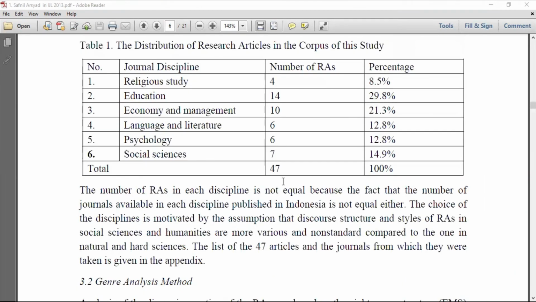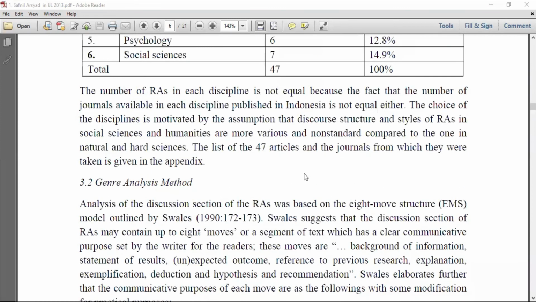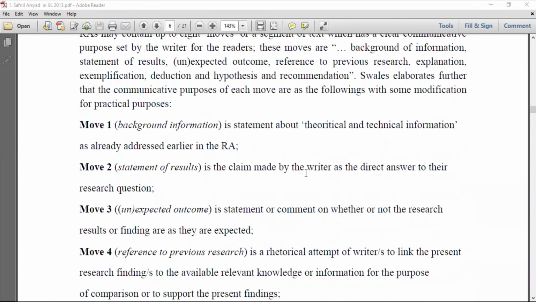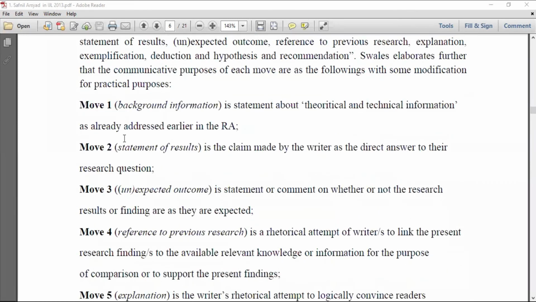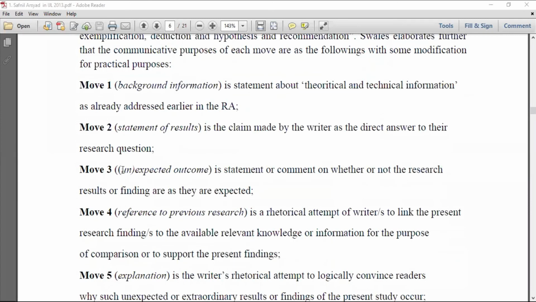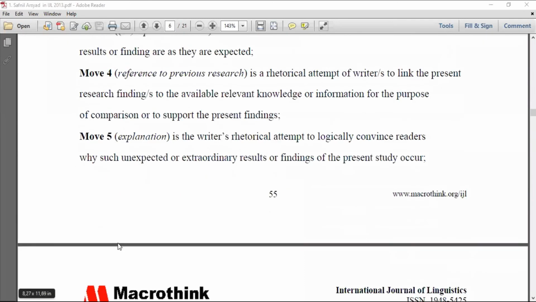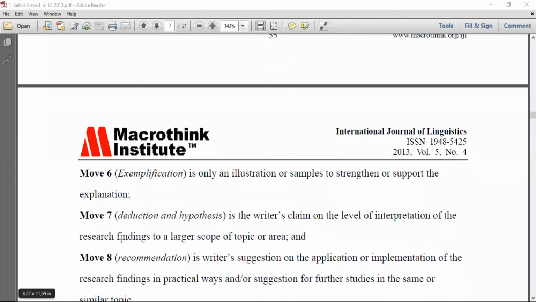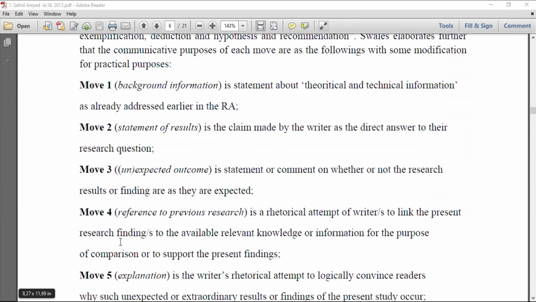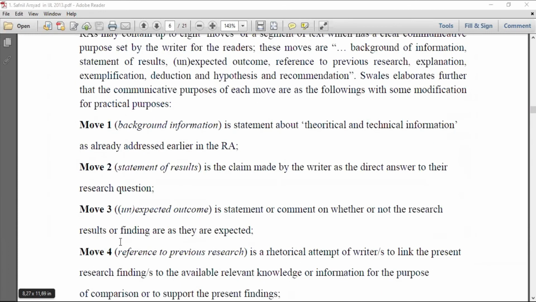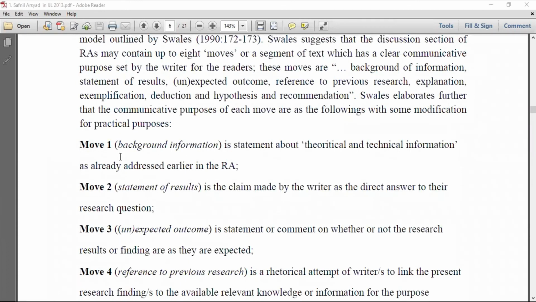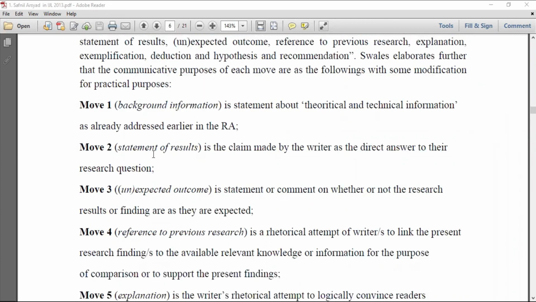I analyzed 47 articles, discussion. This is the model. Move one, move two, move three, move four, move five, 6, 7, 8. Eight moves for the discussion section, with the description of each move.